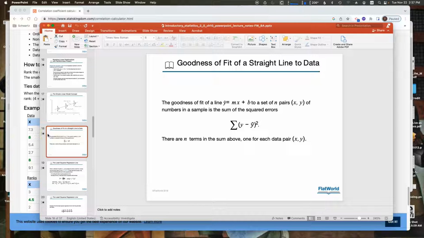And we can calculate what's known as a sum of squares to determine how well that data fits. We could also call this our square term.